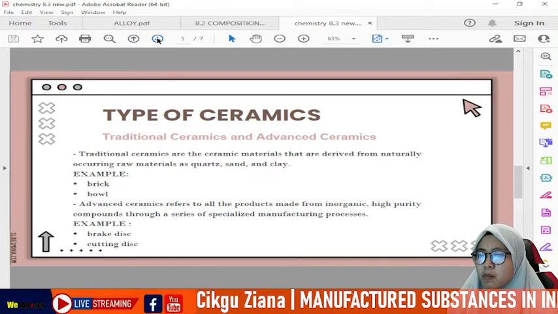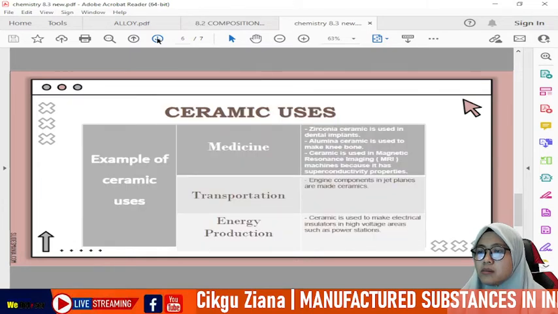Advanced ceramics refers to all the products made from inorganic high-purity compounds through a series of specialized manufacturing processes. Examples are brake disc and cutting disc. Ceramics is used in medicine, like zirconia ceramic used in dental implants, aluminium ceramic used to make knee bone, and also in magnetic resonance imaging (MRI) machines because it has superconductivity properties.